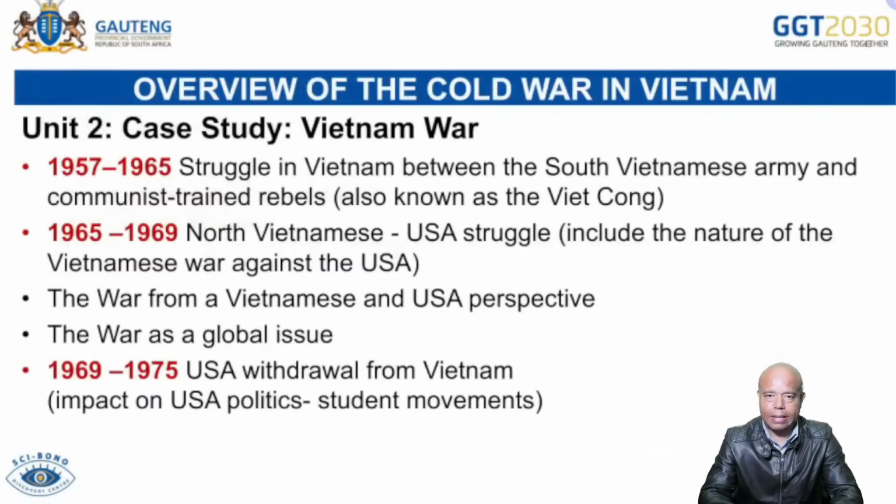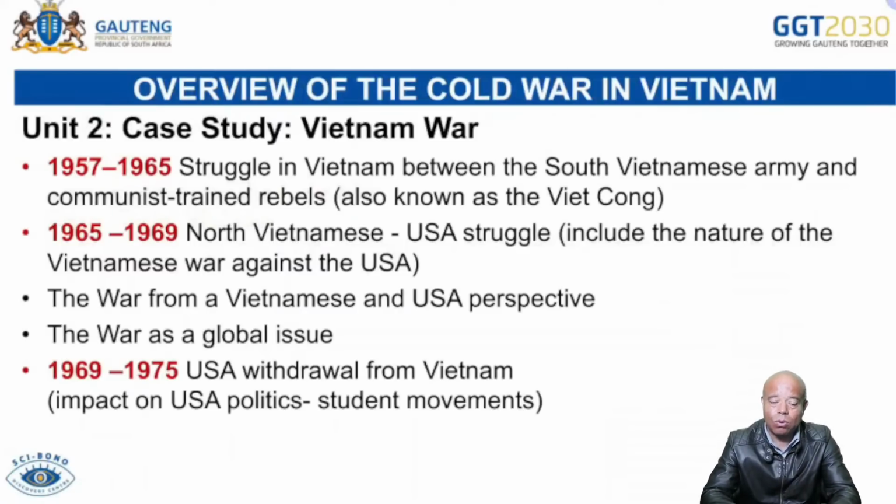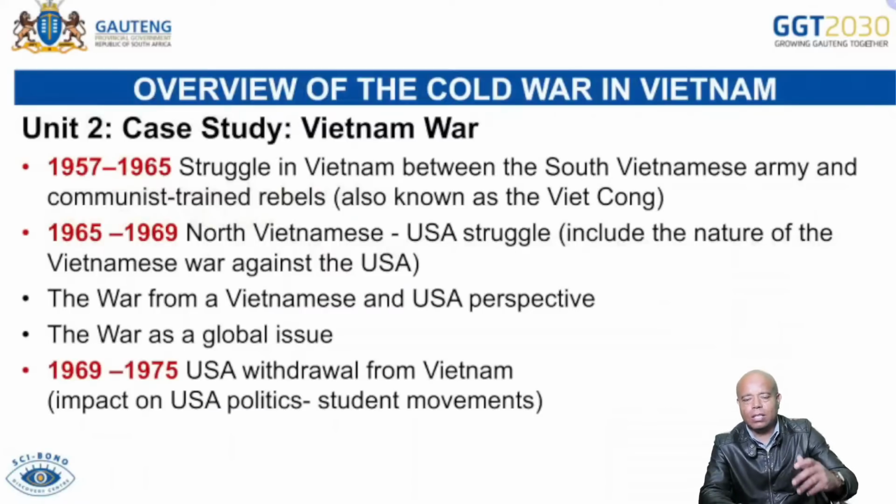So what transpired is that the USA sent what we call military advisors and also military weapons to fight off the Vietcong. The military advisors were to train the South Vietnamese army, the ARVN, to fight off the Vietcong.